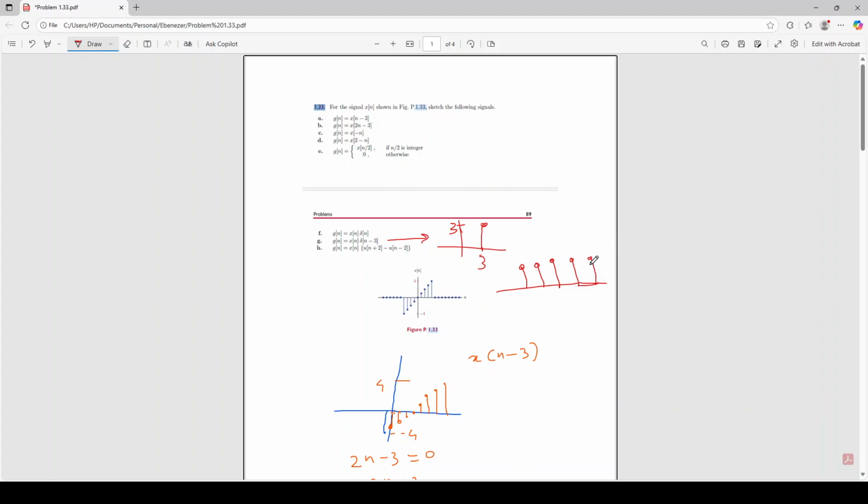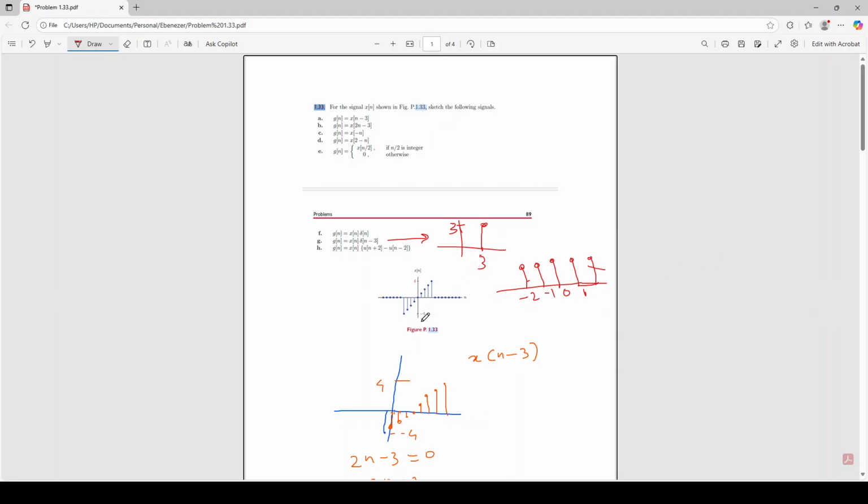If you subtract both, only this will remain and you'll have values at -2, -1, 0, 1. The 2 onwards get cancelled.